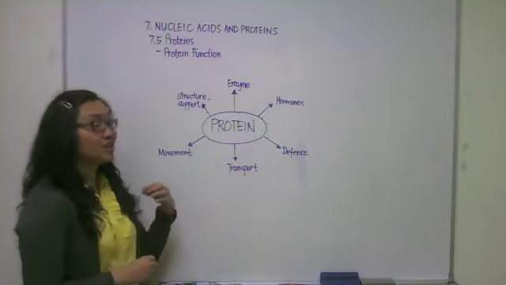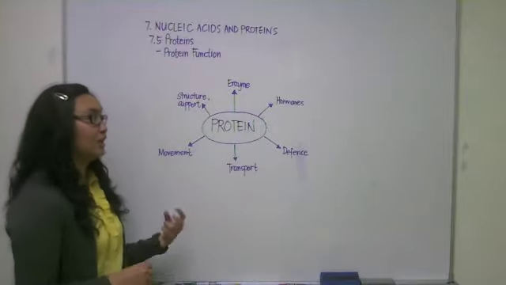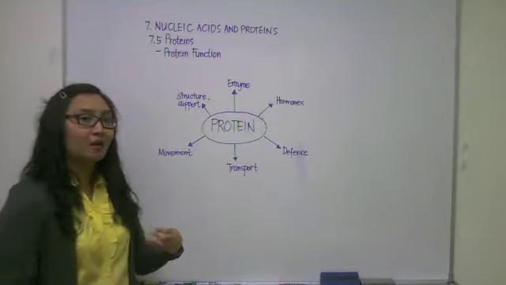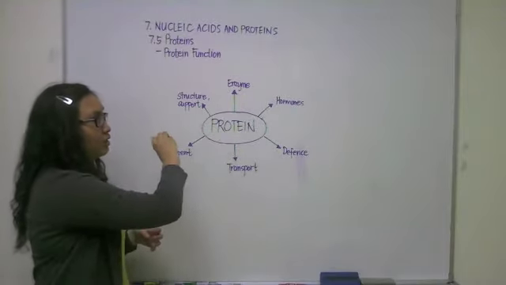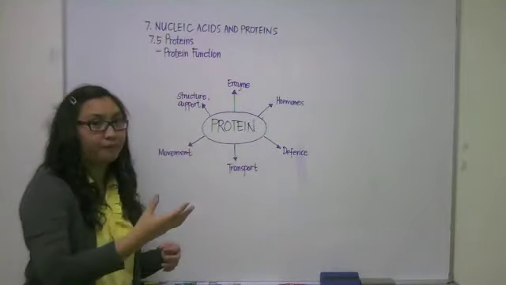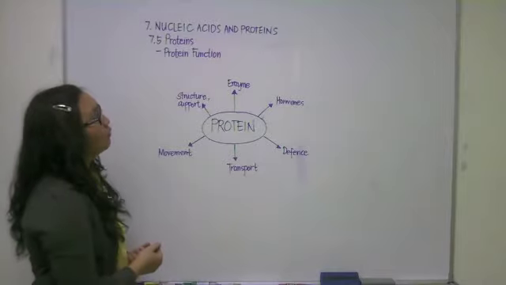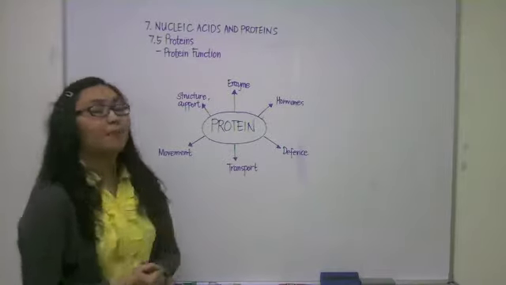So by giving such examples to the students, the students would understand how the protein in each example or in each role is performing. So that will be all for the subtopic protein.